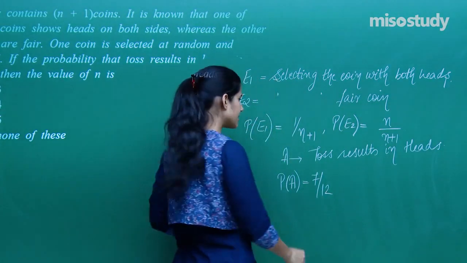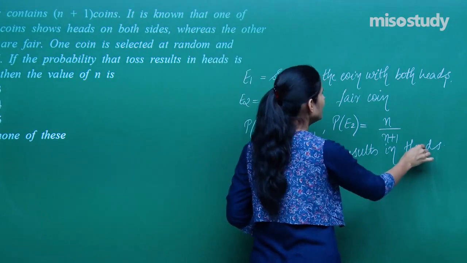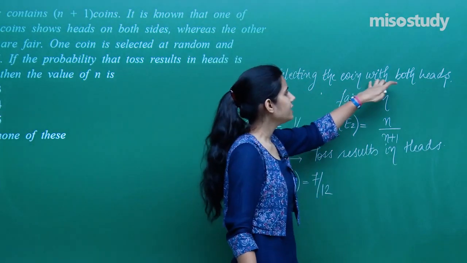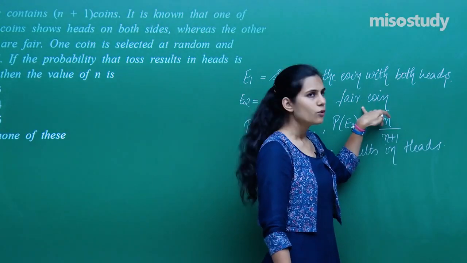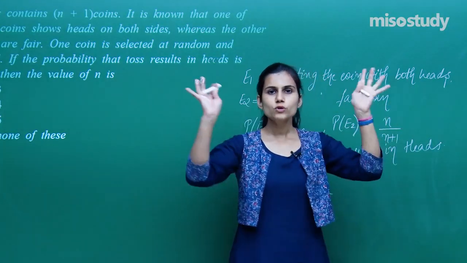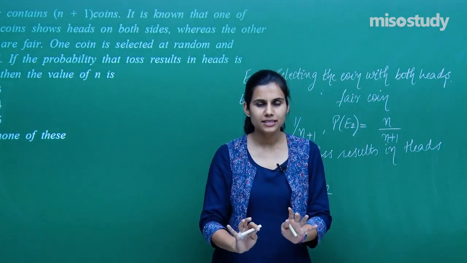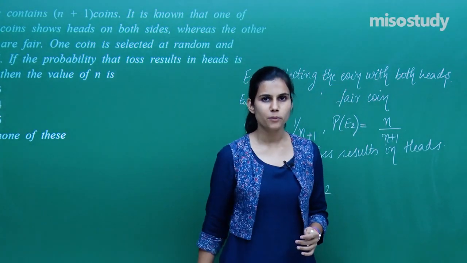But one thing you understand, toss can result in a head when you are tossing the coin which has both sides heads written, or when you are tossing the coin which is fair. So there are two sources for one event to take place, and therefore the concept of total probability pops up in here.